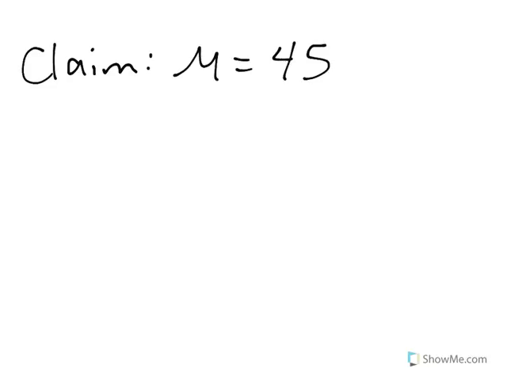So, first of all, what is our claim? Well, Buddy claims that the mean is 45,000. So, that is our null hypothesis, or our H0. Now, that means that our alternative hypothesis, in this case, is the mean is not 45. Right?